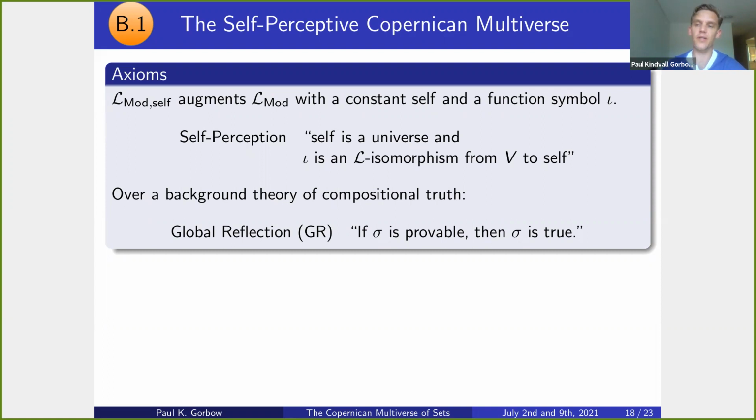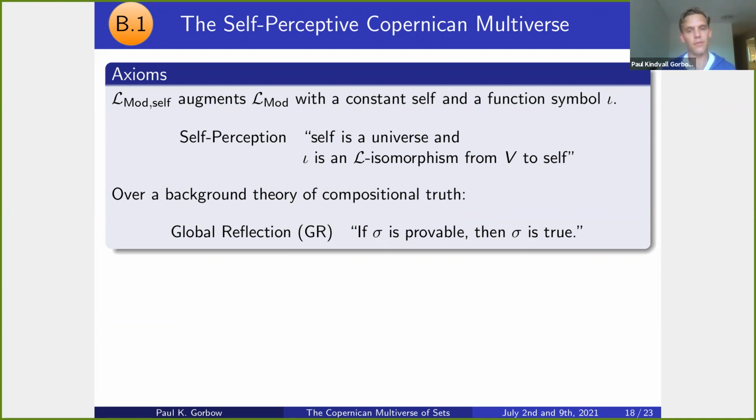And now the question is, how can we create a model of this multiverse, and how can we interpret it in a more familiar theory? The more familiar theory here is going to be a theory of truth over ZF.